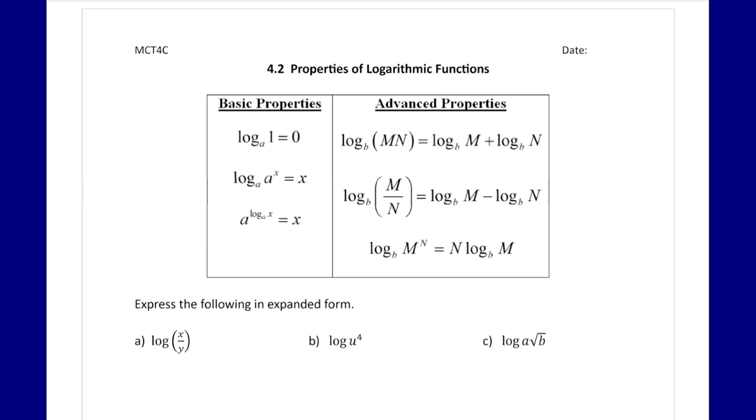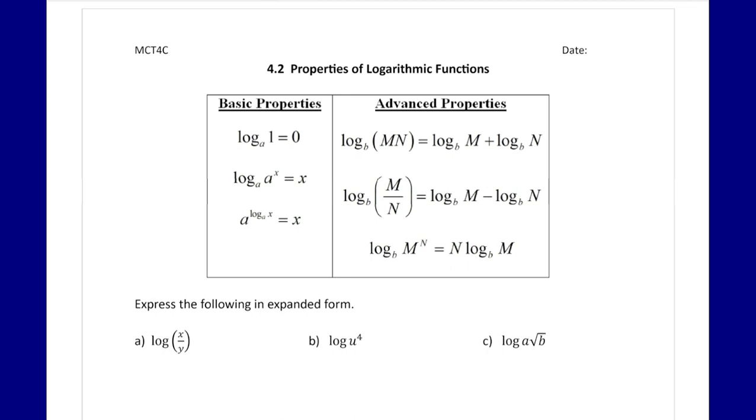And some advanced properties. If we have the log of any base of two things multiplying, we can split it up as log base b of m plus log base b of n. So instead of a product, it's a sum.